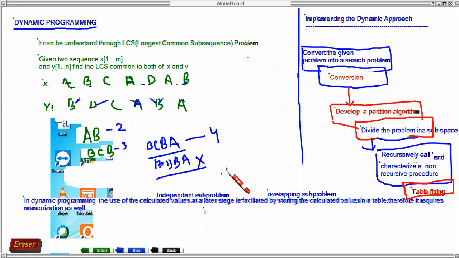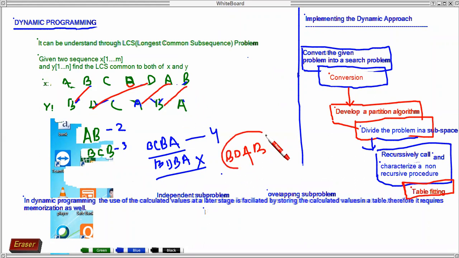So we can take a sequence like BDAB, which is possible. B is possible, then D is possible, then A is possible, then B is possible.